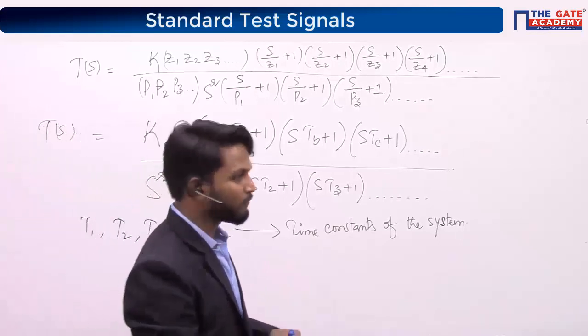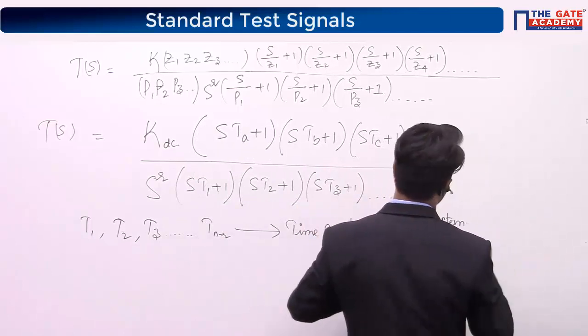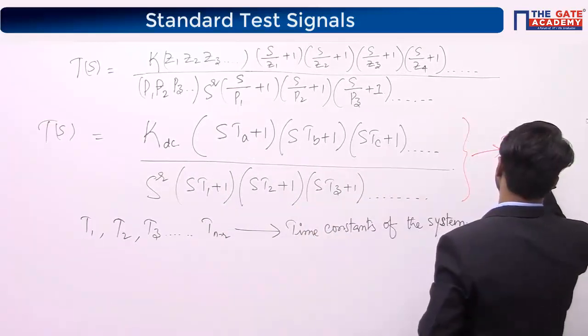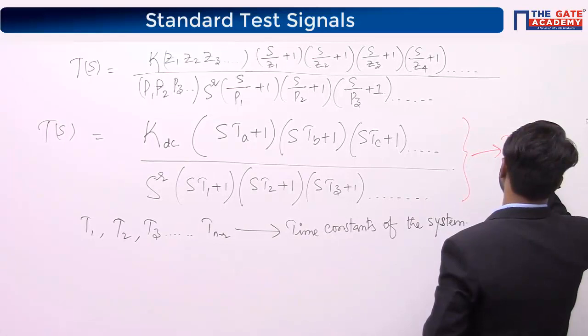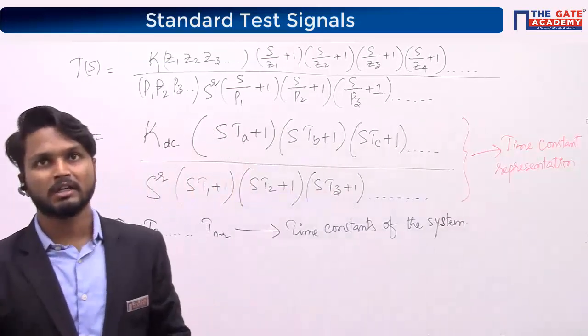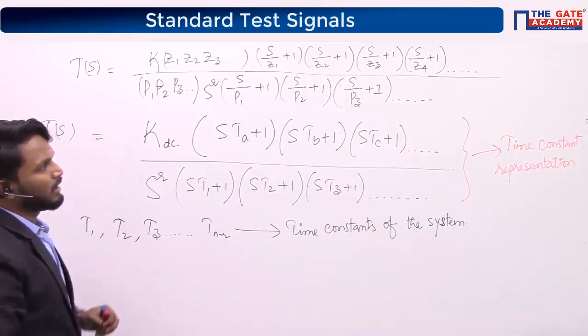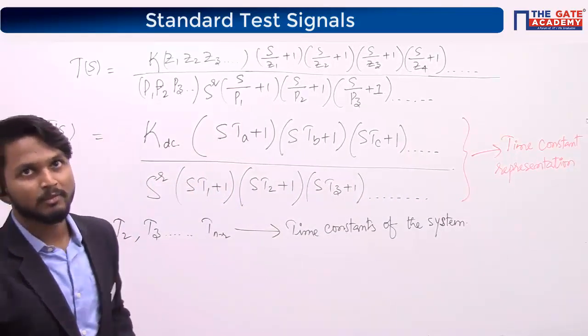And this particular form of your system is called time constant form, time constant representation, right? So this is the general way of representing any particular system.